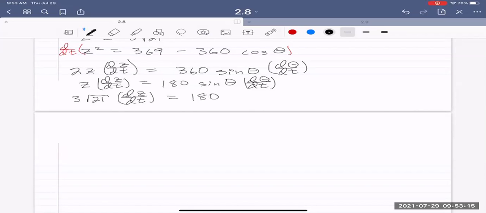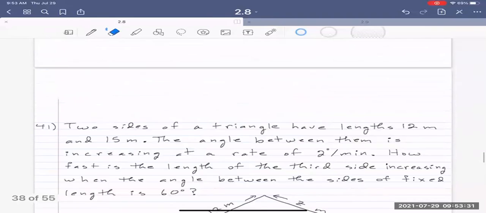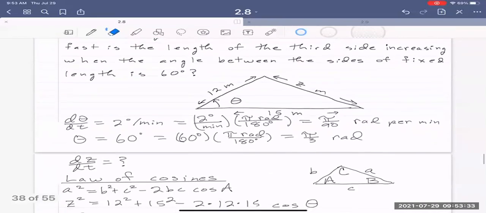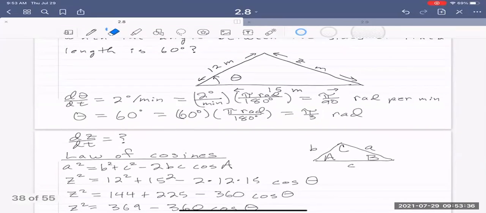Equals 180 times the sine of pi over 3 times d theta dt, which is pi over 90. It was 2 degrees, but now it's pi over 90.